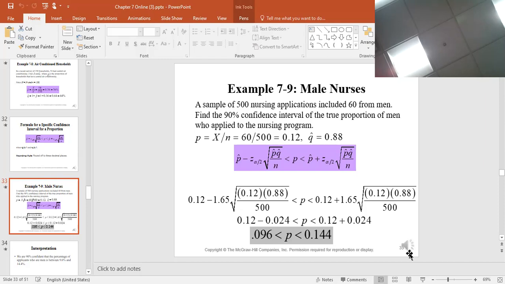So you do 0.12 times 0.88 divided by 500 and find the answer, and take the square root.